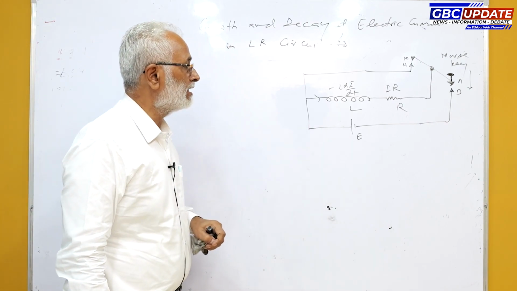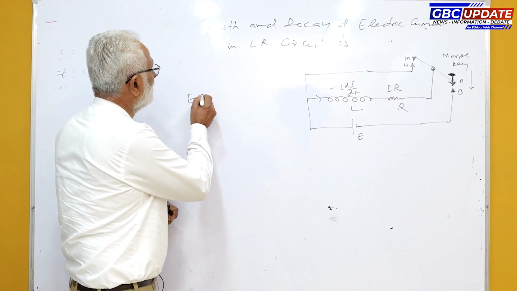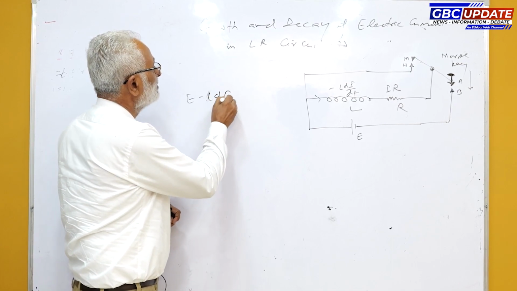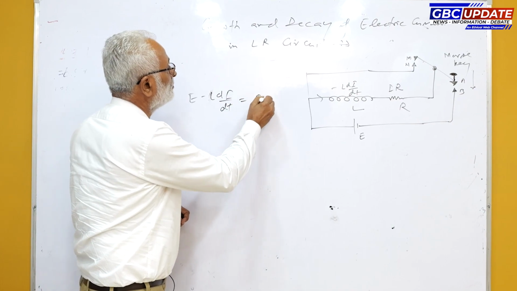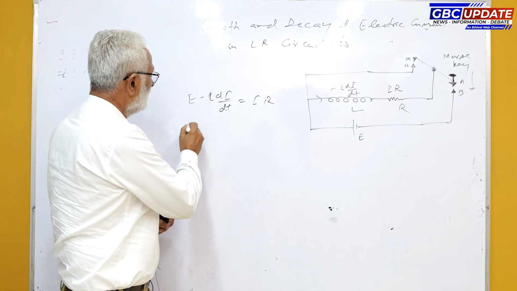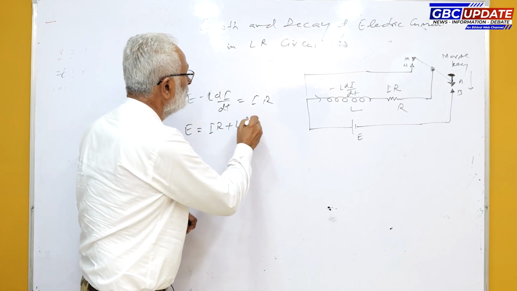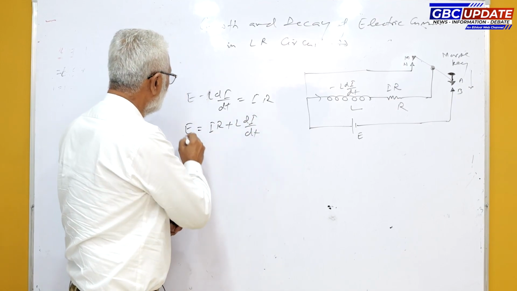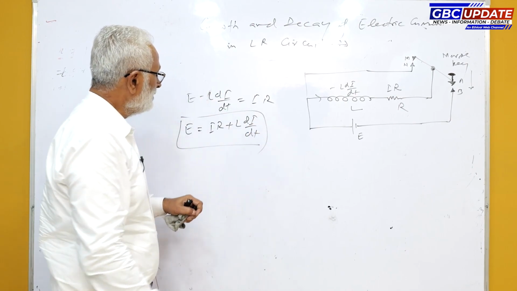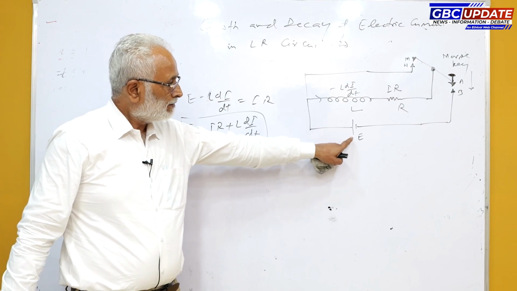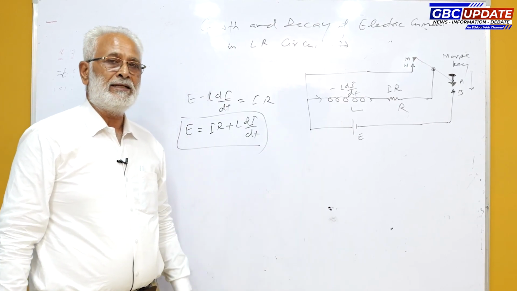Applying Kirchhoff voltage law, we get E minus L into di by dt is equal to I into R, and E is equal to I into R plus L into di by dt. In this relation, E represents the EMF of source connected across the series combination.